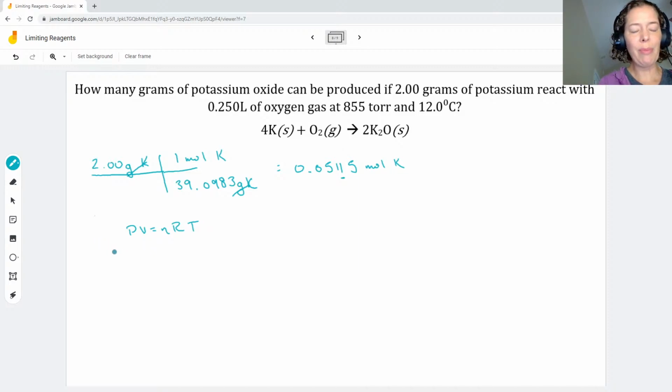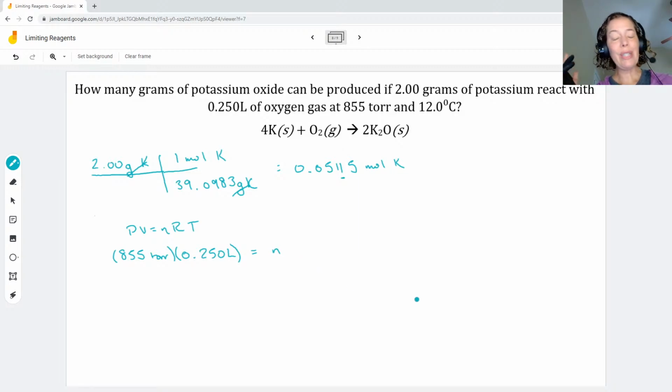So pressure, we have been given a pressure, that's 855 torr. Do we have a volume? Yes, we have a volume, 0.250 liters. We do not have n, that's our number of moles, that's what we're trying to solve for, so I'm not surprised we don't have n.